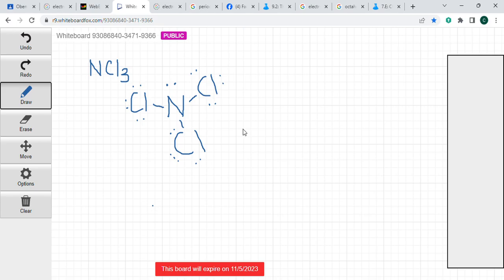The next step is to determine the designation or notation.